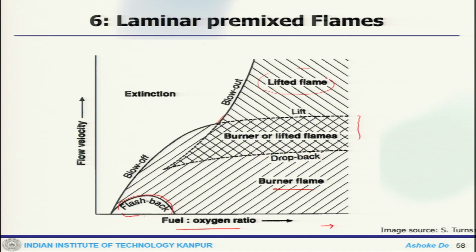So, it will happen, and this side is your extinction side because the flame will be completely extinguished. So, there are certain limits which these things put on you, and your design should be constrained to these parameters. So, that is pretty much what we wanted to discuss about the laminar premix flame.